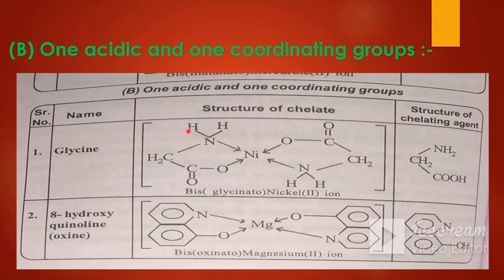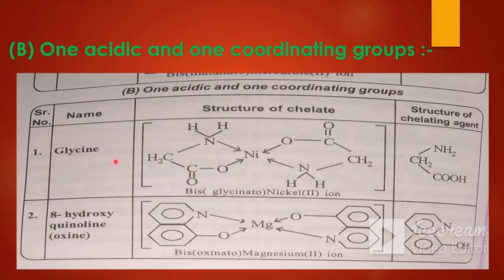So this is the structure, centrally nickel, with NH2 COOH, NH2 COOH, and here two groups, one acidic and one coordinating group like this, and the name of the structure is bis glycinato nickel 2 ion.